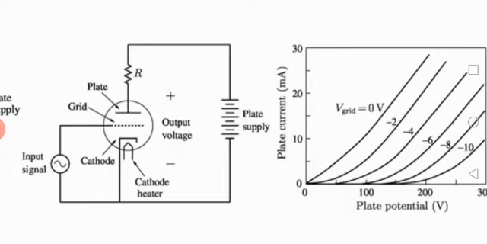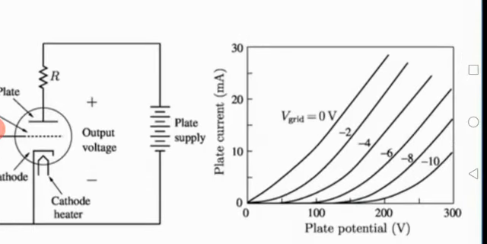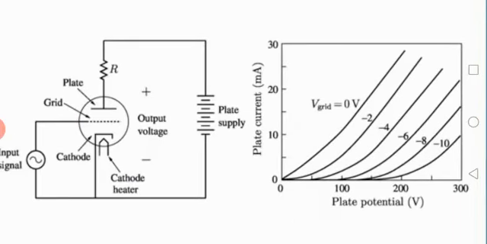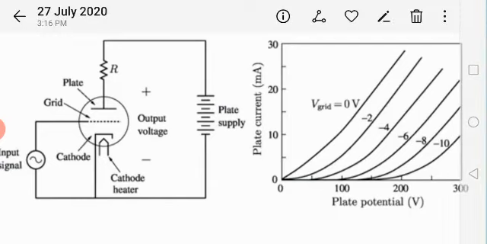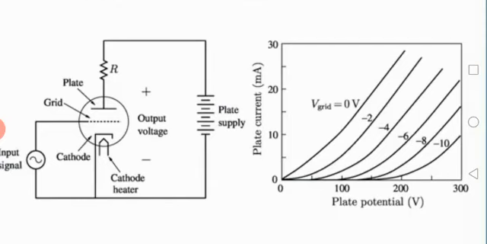Okay, so here you can see with the help of this graph we can analyze the situation. Now we can see the changes in the characteristics. Now look at the 100 volt. The plate potential is 100 volt fixed, but you can see at different grid potentials, when the grid potential is 0 volt, the characteristic is the uppermost characteristic, and when the grid potential is -2, the characteristic is different.